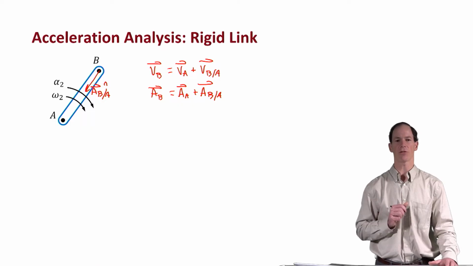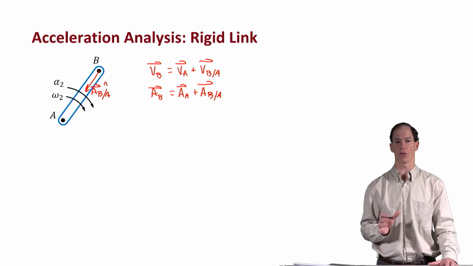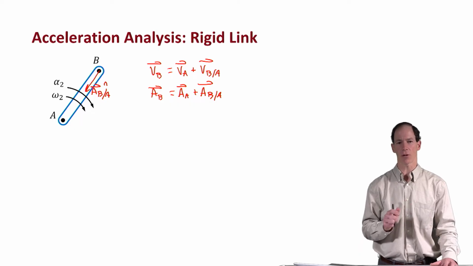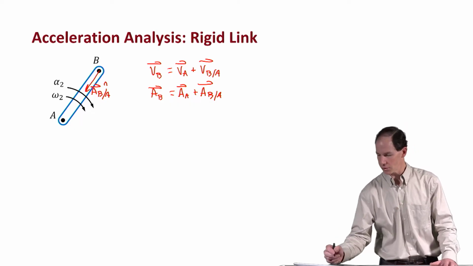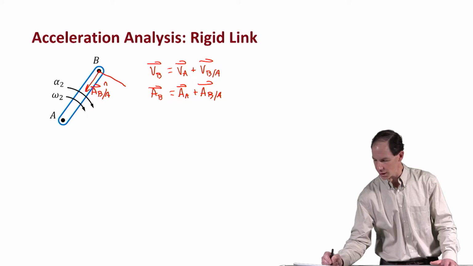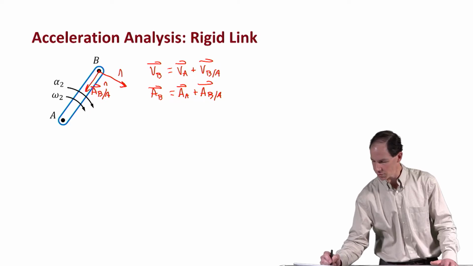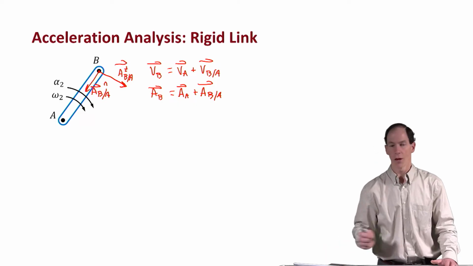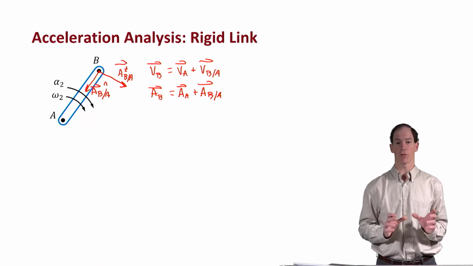So an n means it's normal acceleration, and this is also what we sometimes refer to as centripetal acceleration. It's the piece that's pulling you back towards the center of rotation. The second piece, if we have angular acceleration, is a component that's perpendicular to that. This would be the acceleration of B with respect to A tangential. Those are the two components that you have for a rigid link.